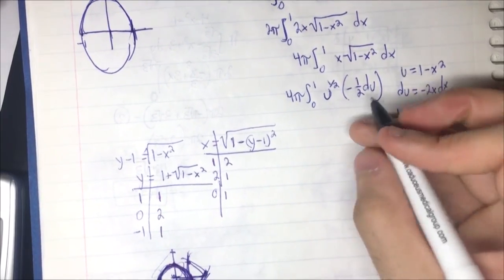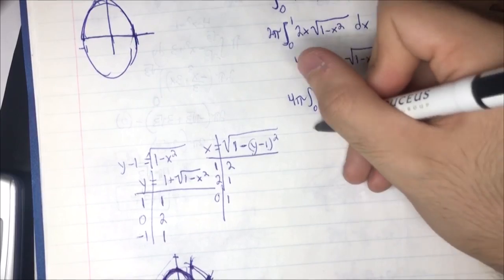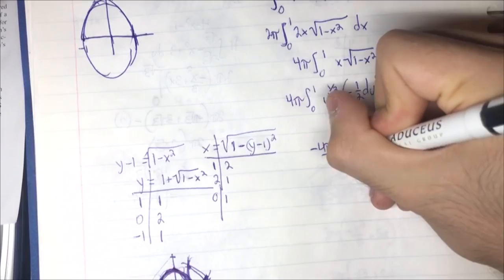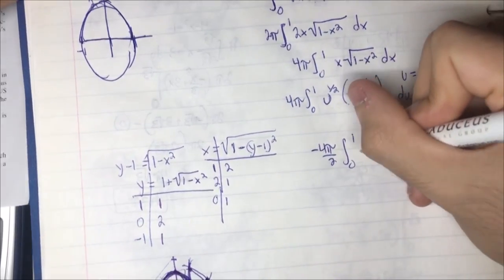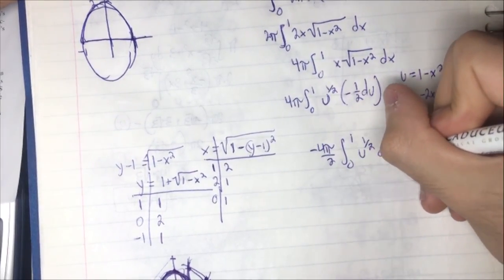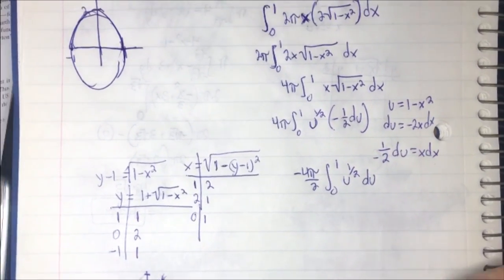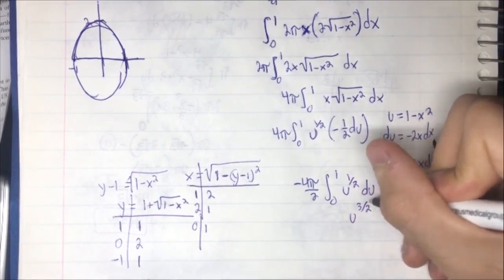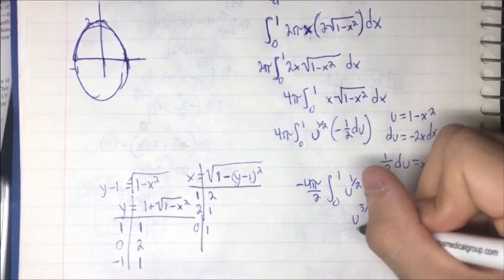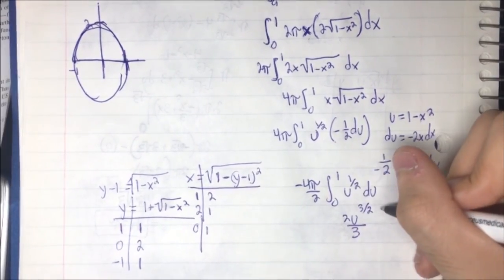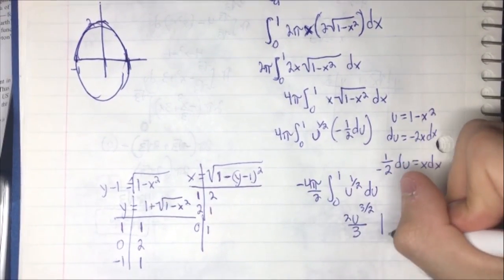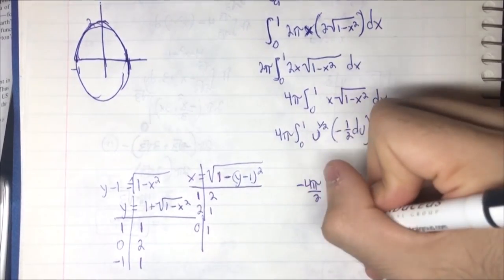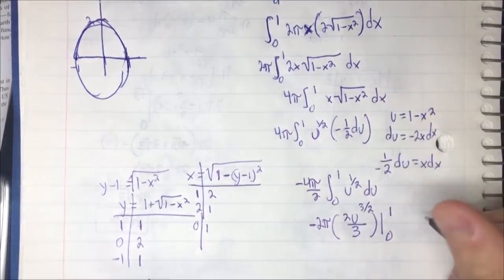And then we can pull out the negative 1/2 out in front, so that's negative 4 pi over 2, 0 to 1, u to the 1/2 du. Now we have to get the antiderivative, which is u to the 3 over 2, right? 2 over 2, 3 over 3, and then you flip it down here. Then it goes from 0 to 1, and the 2's cancel out here, so all we really get is negative 2 pi.